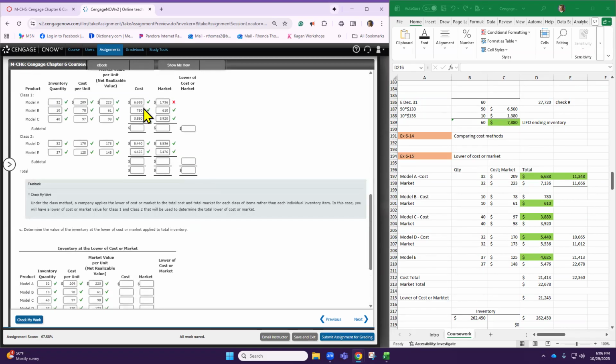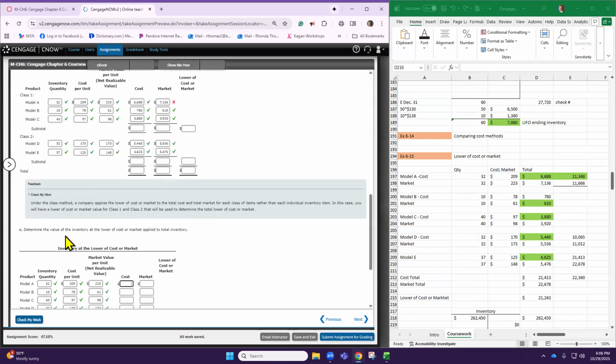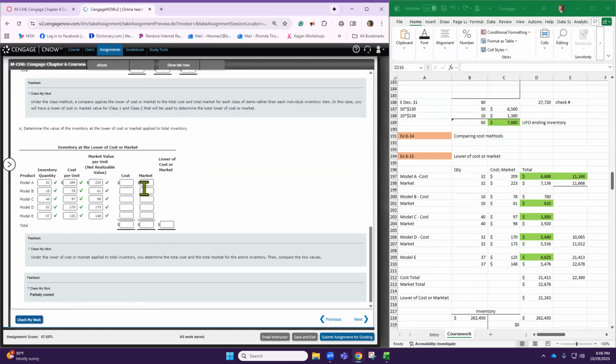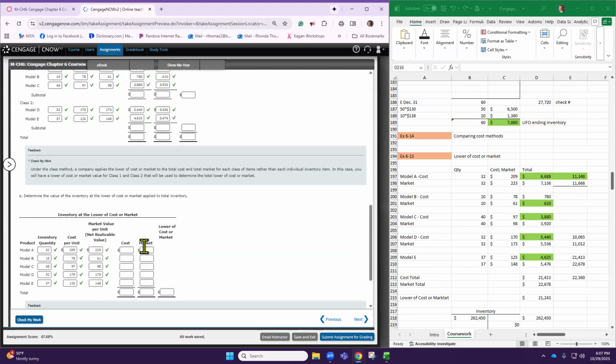Okay, before we go any further, let me fix this. See, I transposed this number. It should be 7136. Now, before we do anything else, let's put these costs in right here. So it's just a matter of how you lump them together. All right, so here we go one more time.